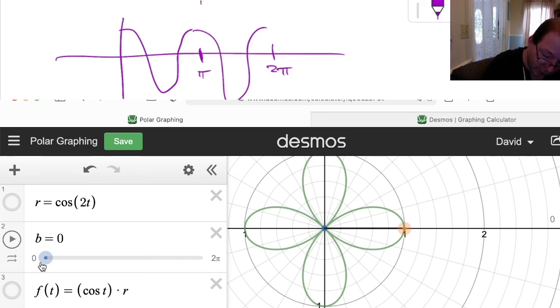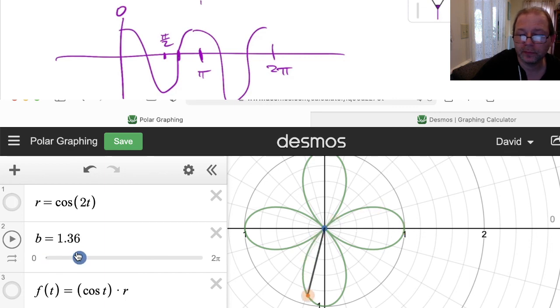So when you go from an angle of 0 to an angle of pi over 2, 90 degrees, going from the x-axis up to the y-axis, the radius is going to shrink from 1 down to 0 to -1. And it traces things out like that.